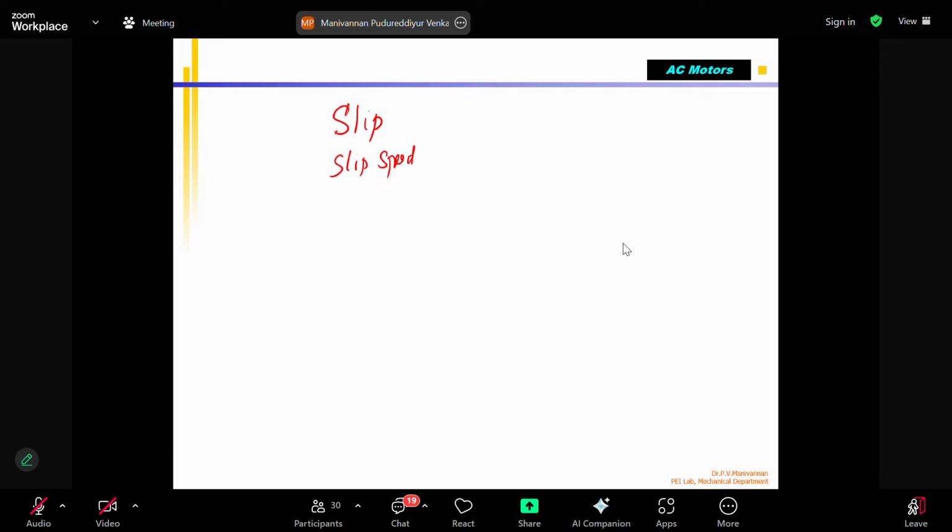Sir, I have a question. Definitely, please. Professor, in the last class, you taught us about the synchronous motor, where three-phase current is provided in the stator and a DC supply is provided to the rotor. By aligning that, the rotor chases the rotating magnetic field, and that is how the synchronous motor works.